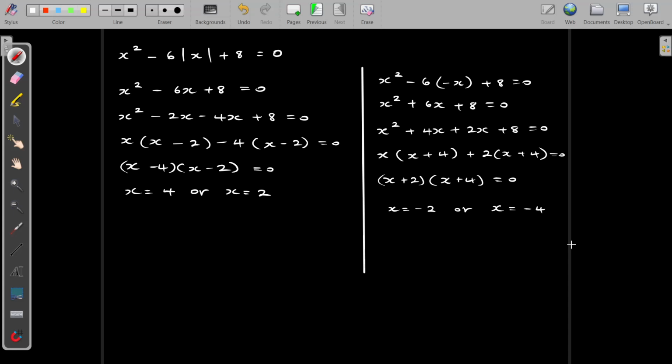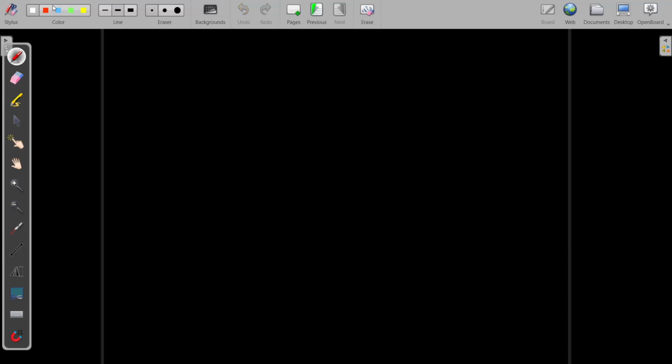So let's look at another way in which these questions can be formulated. For example, we're given this to solve: the modulus of 2x plus 1 times x minus 2, and that's equal to 0.